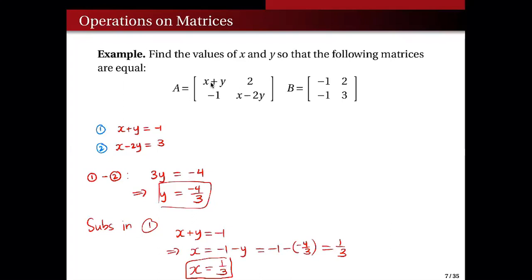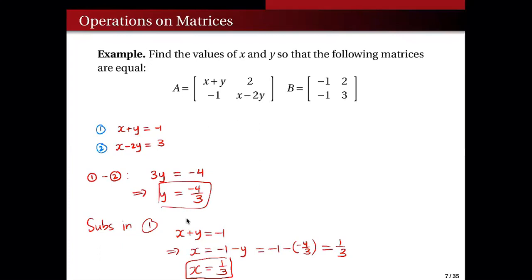If you check it here, you will get what? 1/3 minus 4/3, that's -3/3, that's -1. In here, you have 1/3 minus 2 times -4/3. So that becomes 1/3 plus 8/3, and that becomes 9/3, or that's equal to 3.